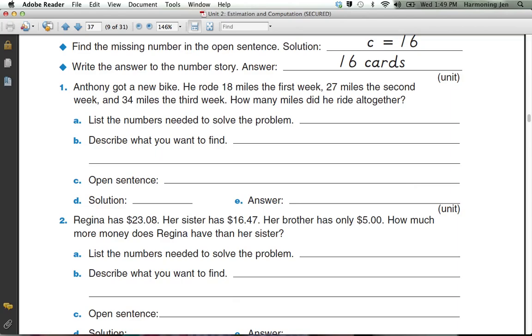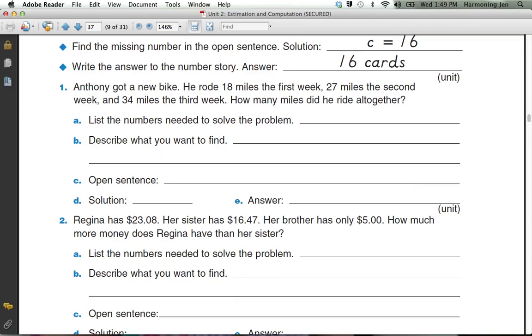So 18 plus 27 plus 34 will equal some number of miles. For our variable, let's use m for miles. 18 plus 27 plus 34 equals m.